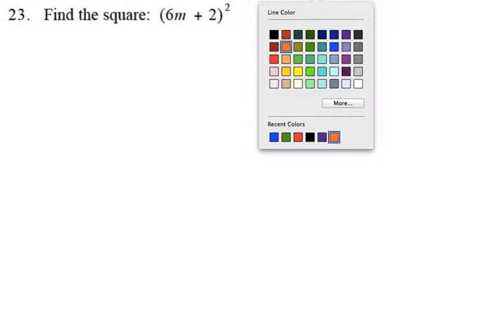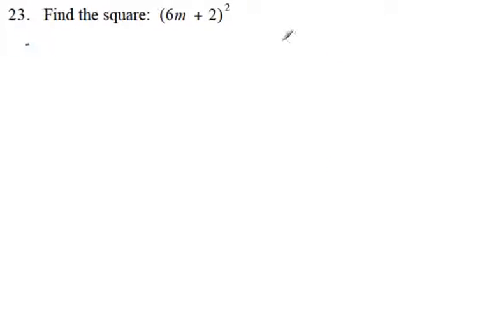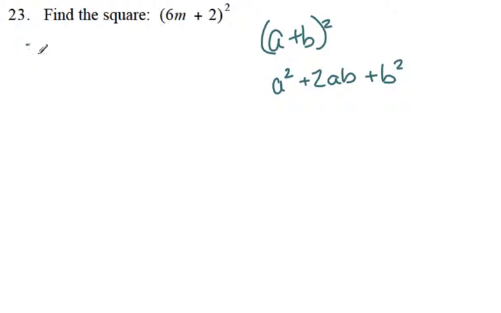Right, number 23. Okay, this one is using the addition process as opposed to the subtraction one. This one is a plus b squared is a squared plus 2ab plus b squared, where a is 6m, b is 2. This is your a, this is your b.